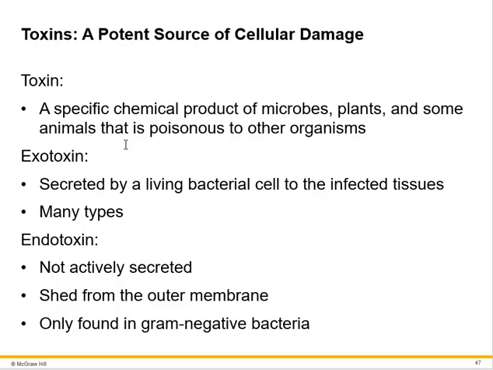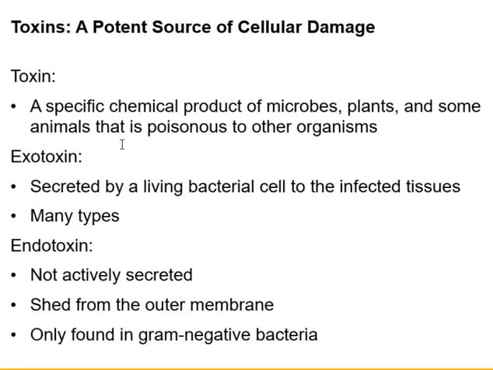They're very specific to the tissues, with very localized effects. The endotoxin is not actively secreted and is shed from the outer membrane. Typically, it's a lipopolysaccharide, and it's only found in gram-negative bacteria. So exotoxins can come from either gram-positive or gram-negative bacteria and are secreted, whereas endotoxins are part of the cell envelope, and only gram-negative bacteria will produce them.